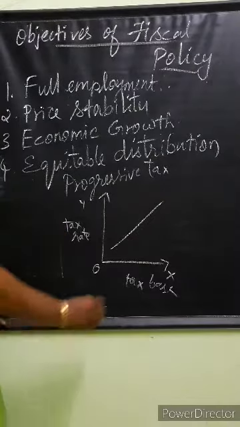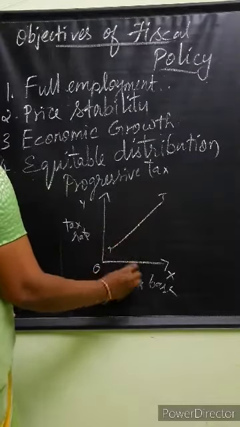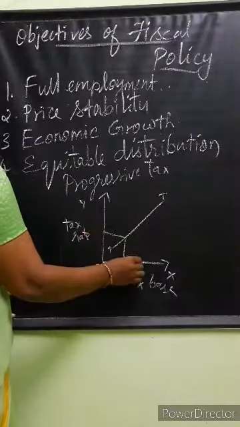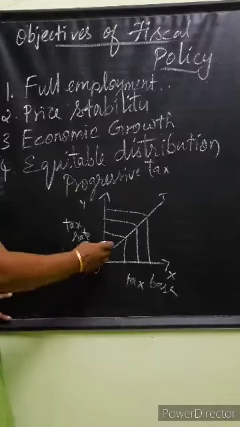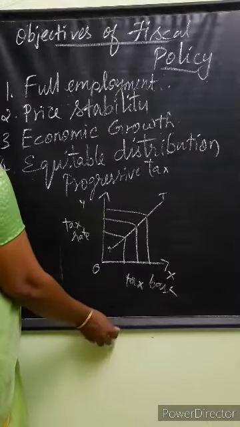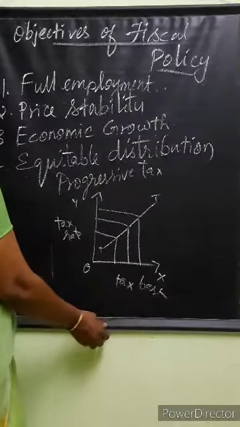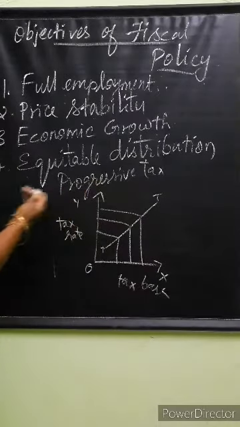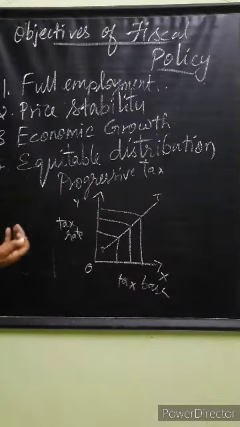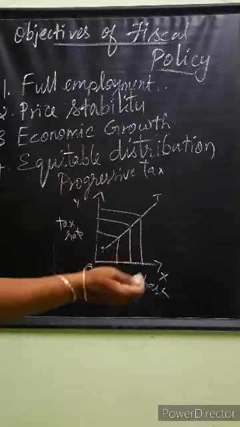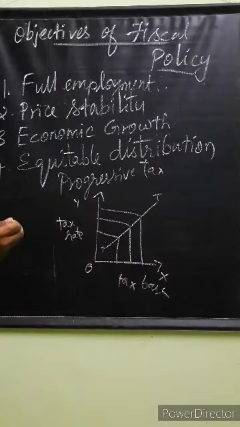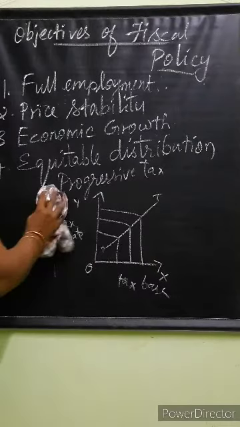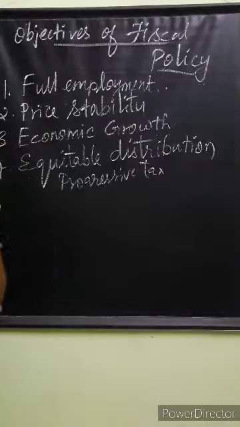This is the progressive tax curve. If the tax base increases, the tax rate also increases. So, if there is a progressive tax, it avoids the gap between the rich and poor, isn't it? One who is earning more has to pay more tax. One who is earning less, no need to pay tax. So, it will fill the gap between the rich and poor. There should be equality among the people.